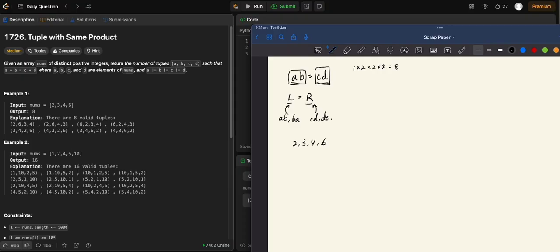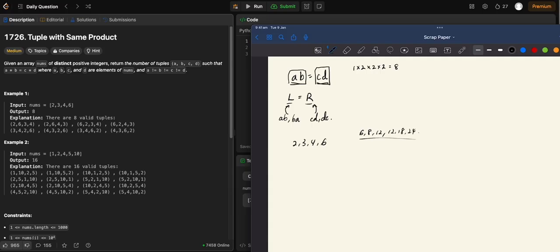The first example, if we calculate all the pairs, we will get 6, 8, 12, 12, 18, and 24. So that's the stuff we will get, right?